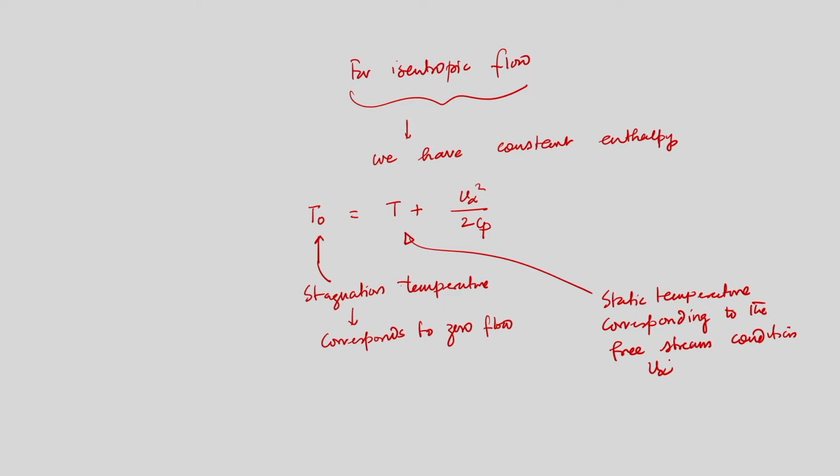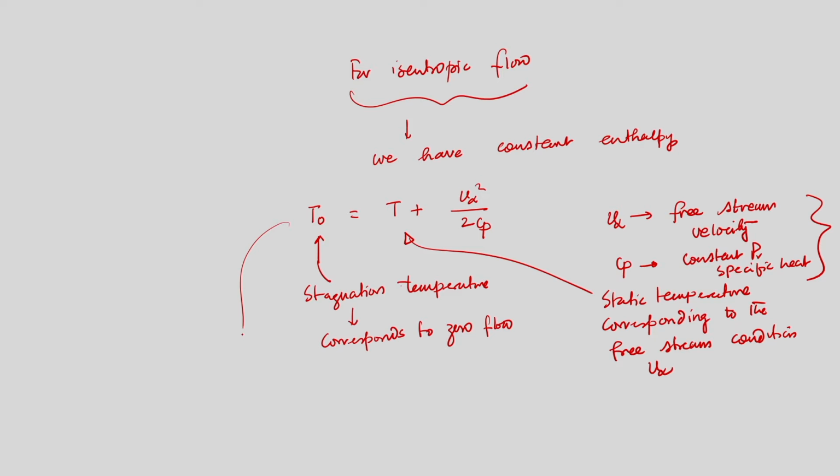U infinity is the free stream velocity, and Cp is the constant pressure specific heat. This is what we have studied in our undergraduate text.